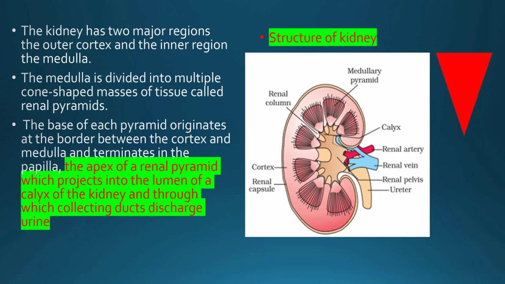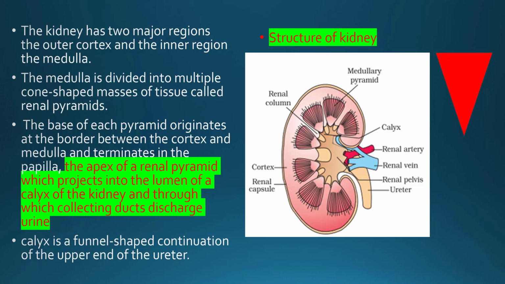This is the tip of the pyramid, called the papilla, and it ends in a funnel-shaped structure called a calyx, which is part of the major calyx system. The urine is collected through these calyces into the major calyces, and then ultimately passes to the ureter.